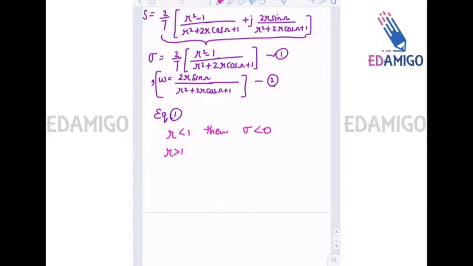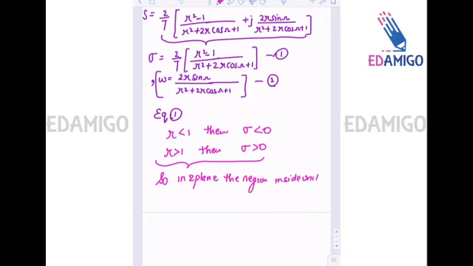And when R is greater than 1, then the real part of s will be greater than 0. So we can say that in the z plane, the region inside the unit circle is similar to the left half of the s plane. Okay, simple. We can see this now from equation number 1.